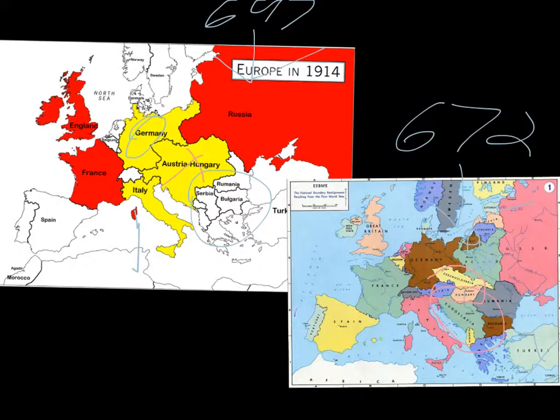So, for example, if we look here in France, you can see there's this little section right in here in World War I. Right in there. If you notice here on this map, this actually belongs to France now. It cuts in a little bit sharper than it does on the map in 1914.